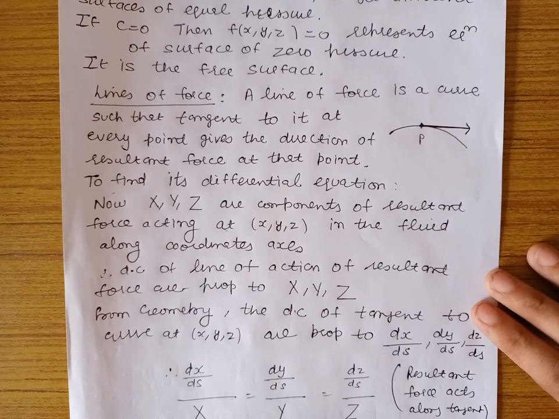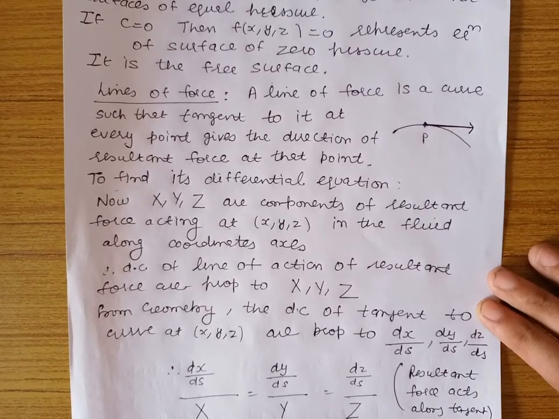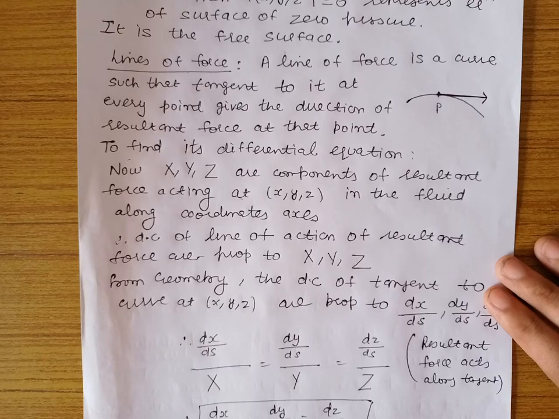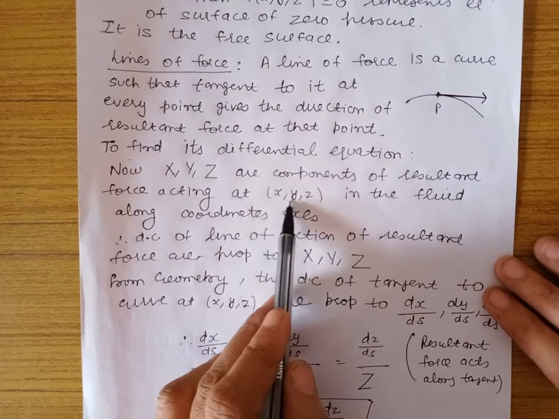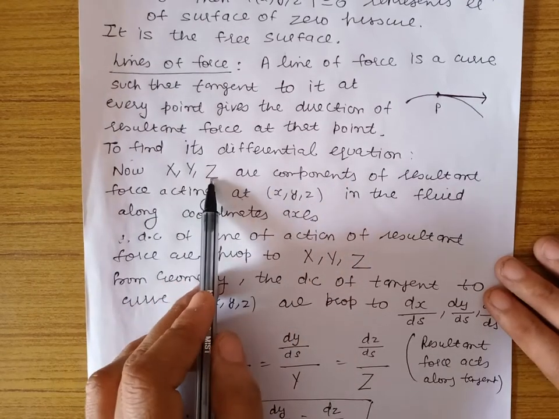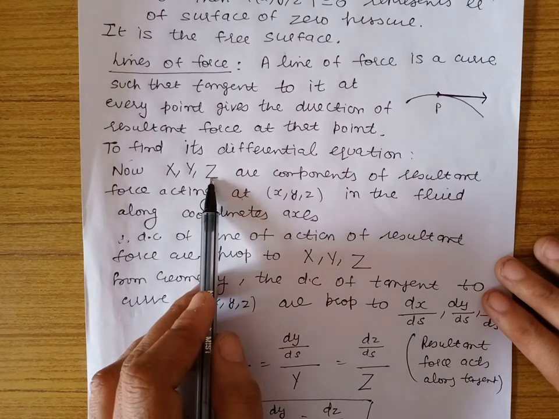Now let us find the differential equation of line of force. For this, let us take a fluid, a point having the coordinates x, y, z in the fluid, and X, Y, Z as the components of the resultant force along the coordinate axes.